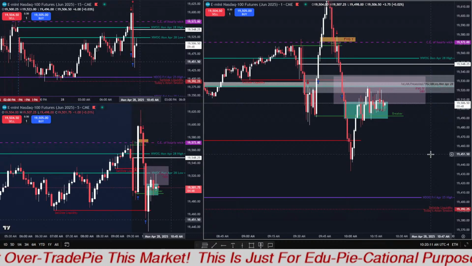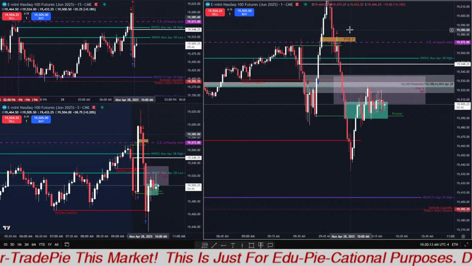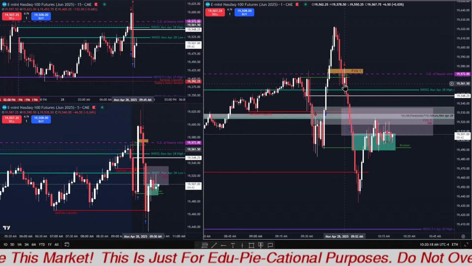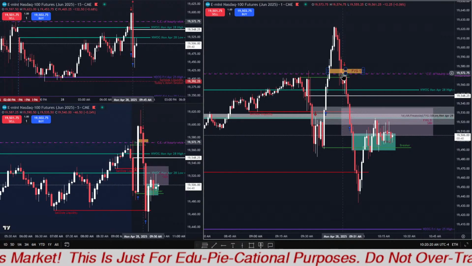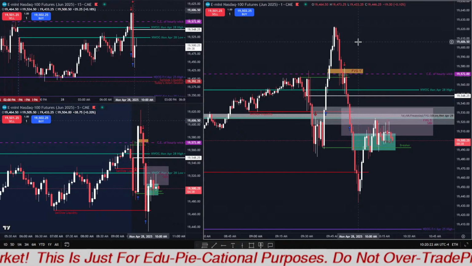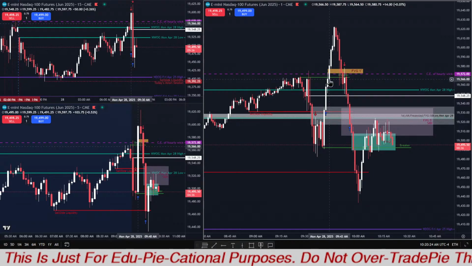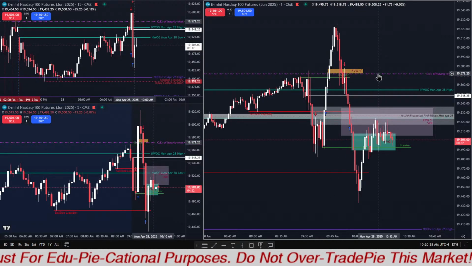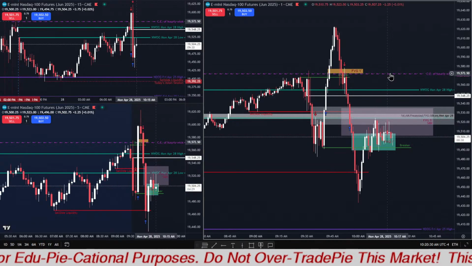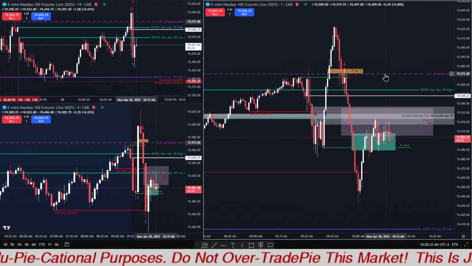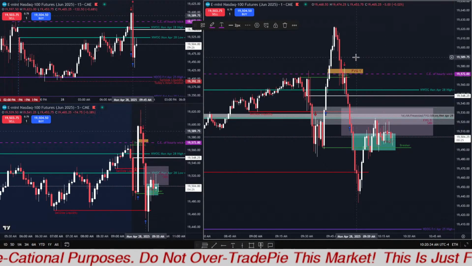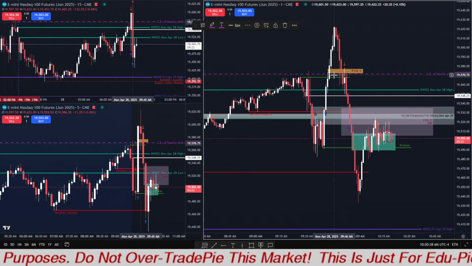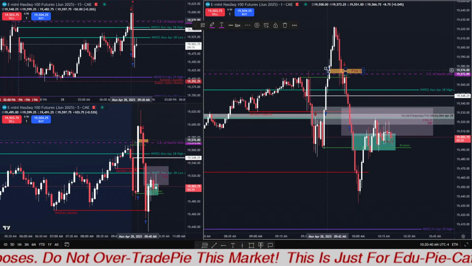Once again, I would like to review the reasons for the second position where I entered short, because as you can see, we reached a higher time frame PD array, that is the consequent encroachment of the hourly candle, hourly wick. Then over here we have a breaker block, and we have this inefficiency.